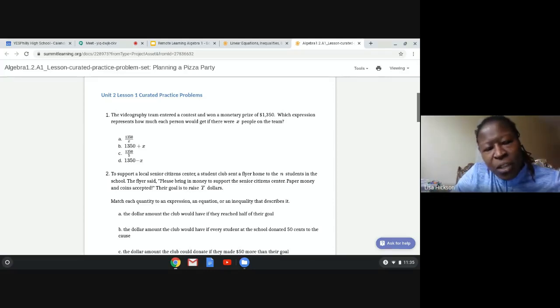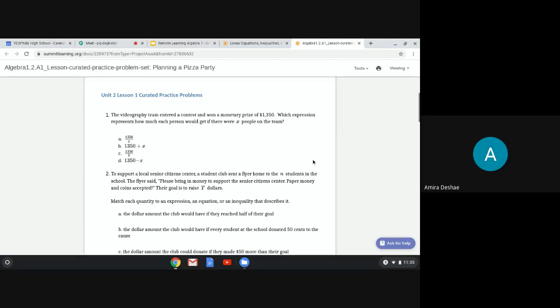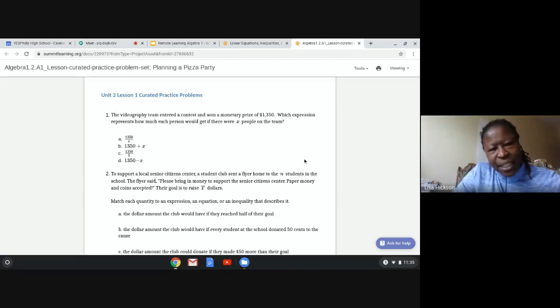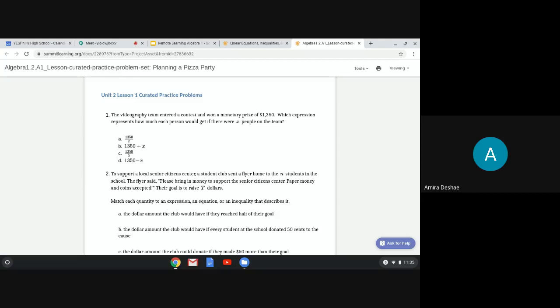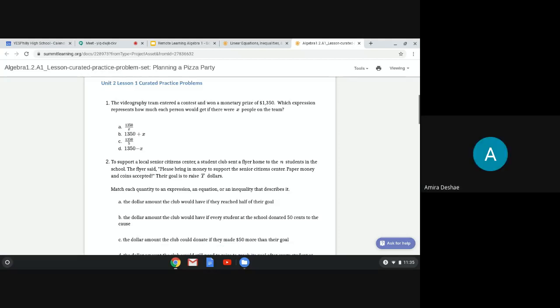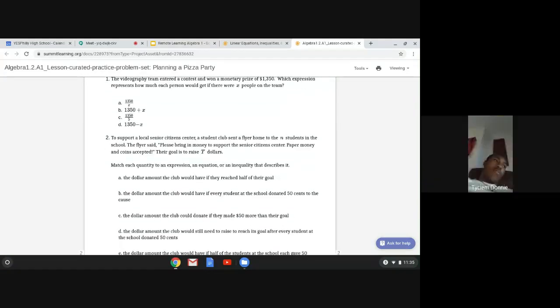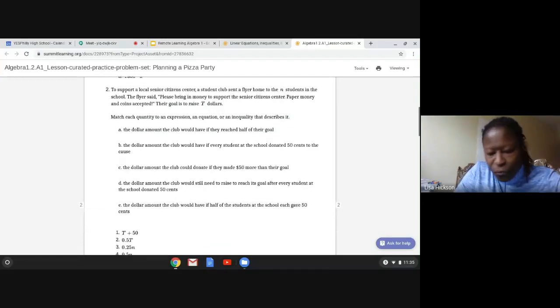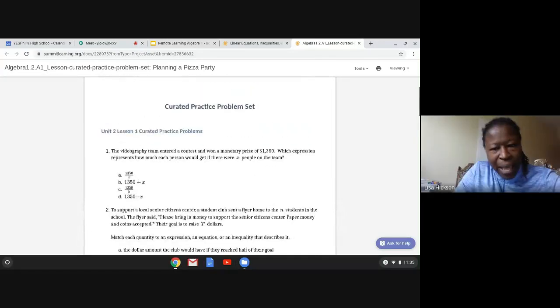So now, here is the first exercise set. Ladies and gentlemen, when you do this, I want you to highlight whatever is your answer. So first I just showed you what the cool down was, the first cool down. This is the first exercise set, planning a pizza party. So again, when you choose your answers, for number 1 you're going to highlight the answer.